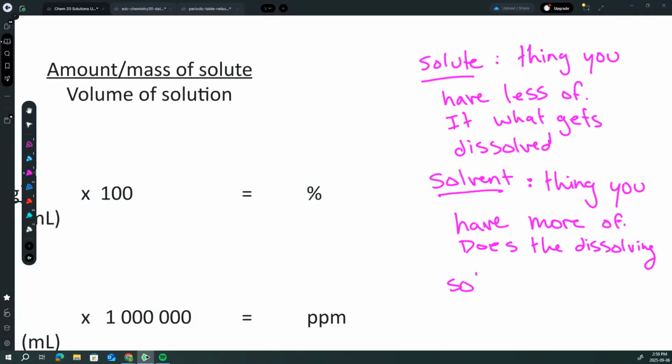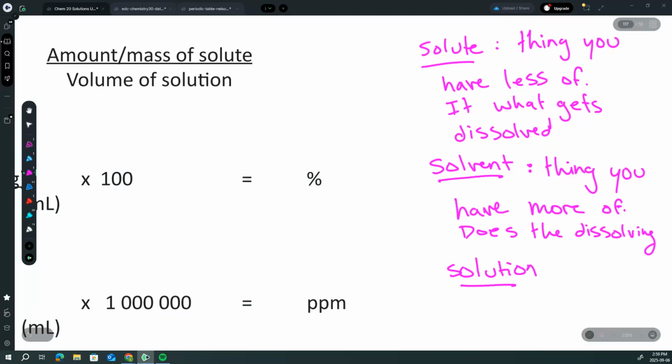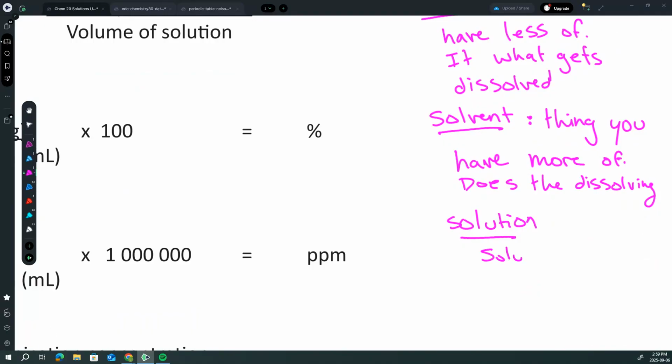And then the solution, that is just your solute plus solvent. So that's just the two of them together.